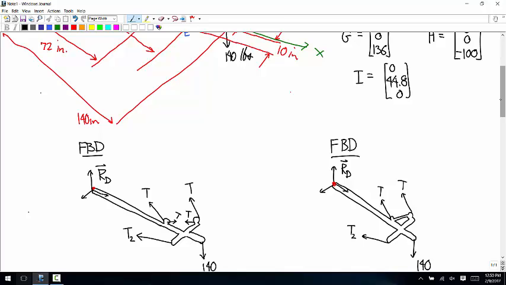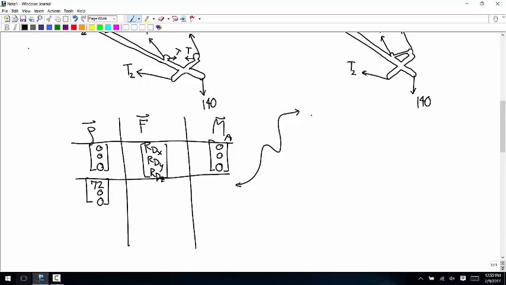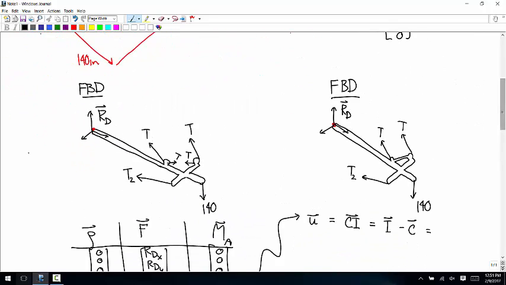So to get that unit vector in 3 dimensions, I would never think about it in terms of angles. In this case it's not so horrible, but just get used to doing it based on the points. So what we're going to do is take a vector that goes from C to I. So we have this vector U that goes from C to I. And to calculate that, we're just going to take I minus C. Our coordinates of I are 0, 44.8, 0.